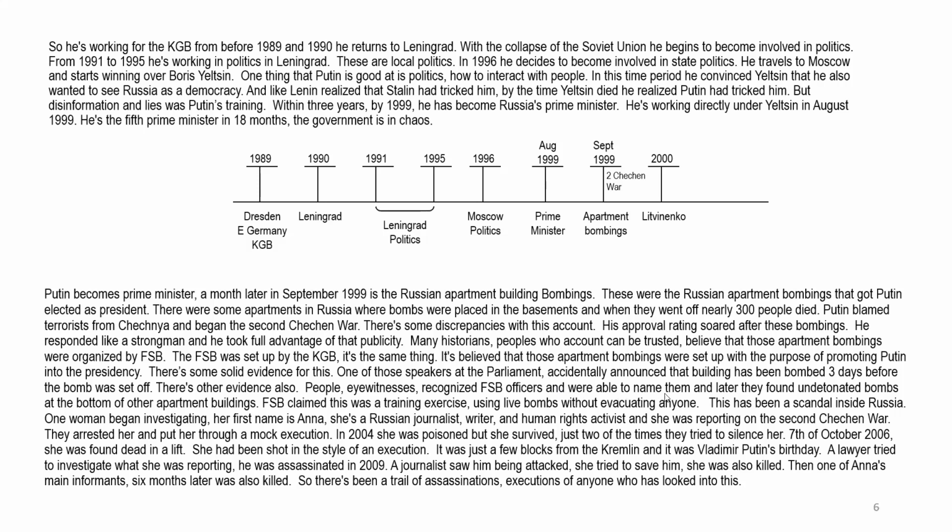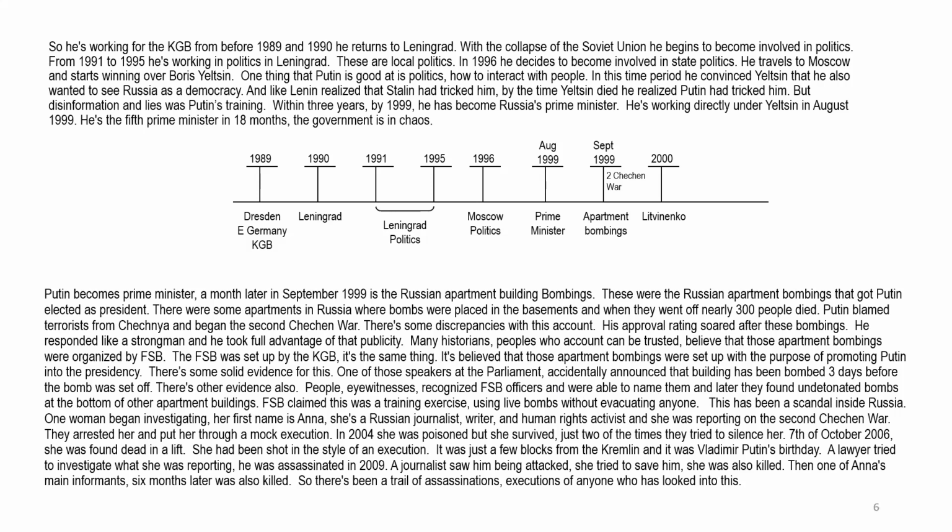And later they found undetonated bombs at the bottom of other apartment buildings. The FSB claimed that this was a training exercise using live bombs without evacuating anyone. This has been a scandal inside Russia.